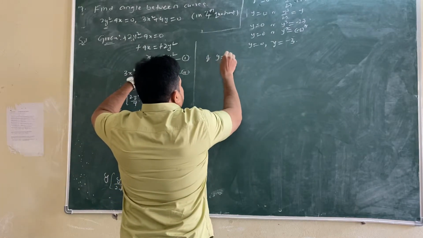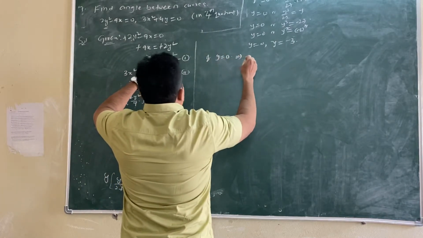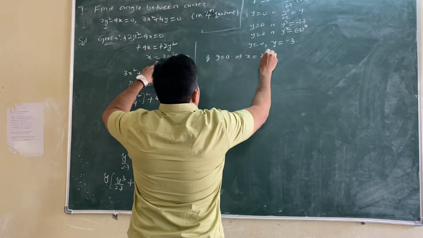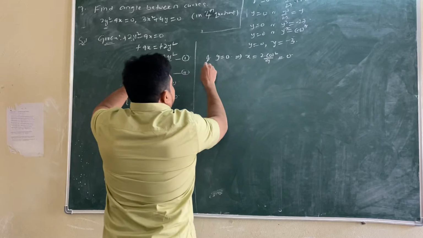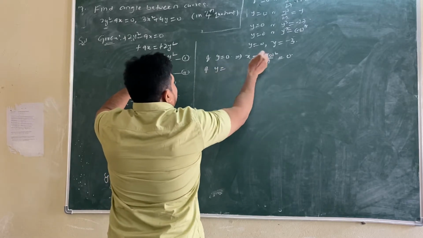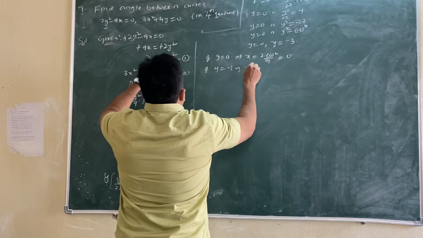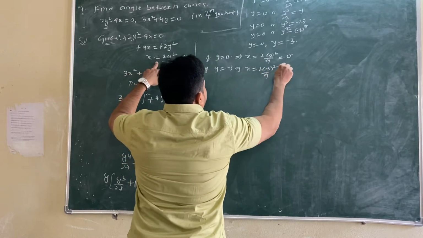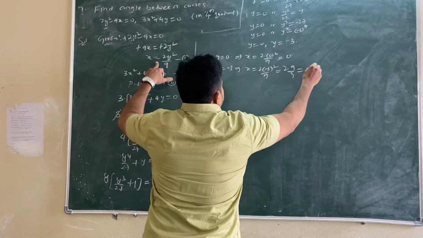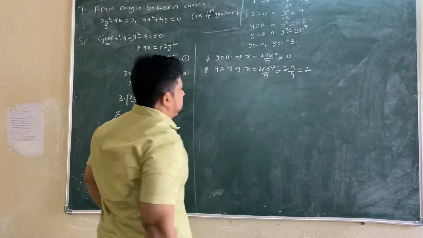If y is equals to 0, this implies x is equals to 2 into 0 square by 9, that is 0. If y is equals to minus 3, this implies x is equals to 2 into minus 3 square by 9, 2 into 9 by 9, that is how much? 2.